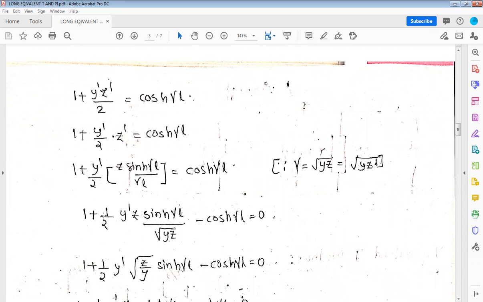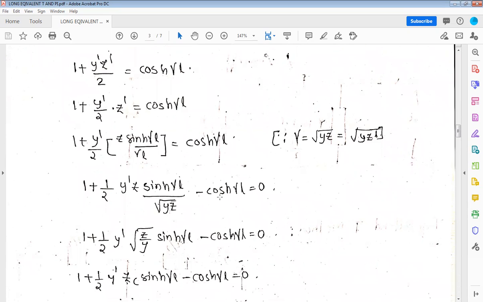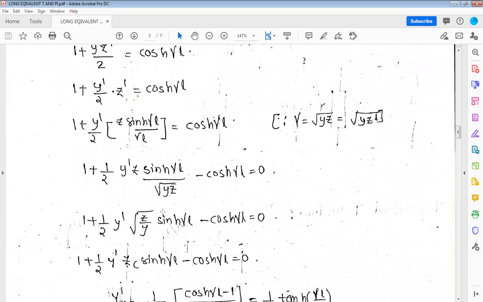Now, representing gamma as under root of YZ, we bring the cosh of gamma l to the left hand side. So it will be represented as this equation.